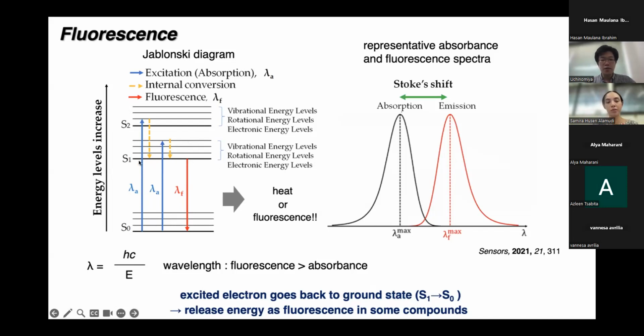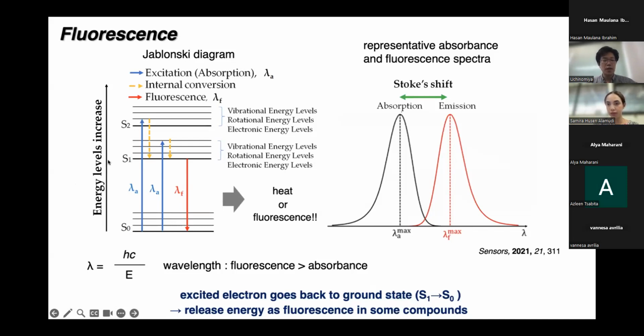And the wavelength of light of the fluorescence is obtained by this equation. Importantly, in this equation, this is a constant value, and E means the energy. And importantly, the wavelength is inversely proportional to energy.